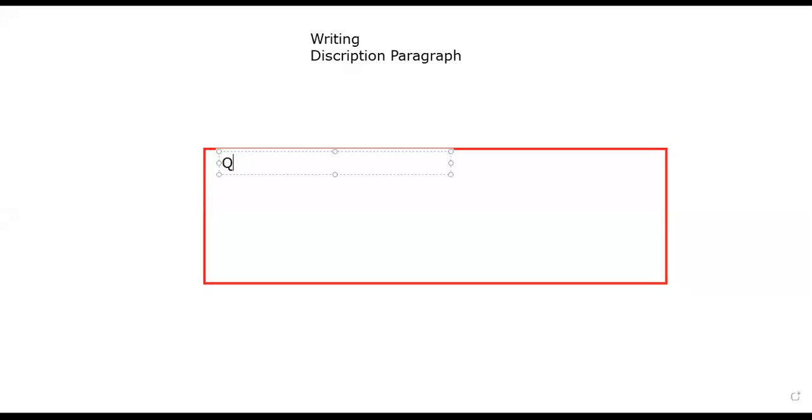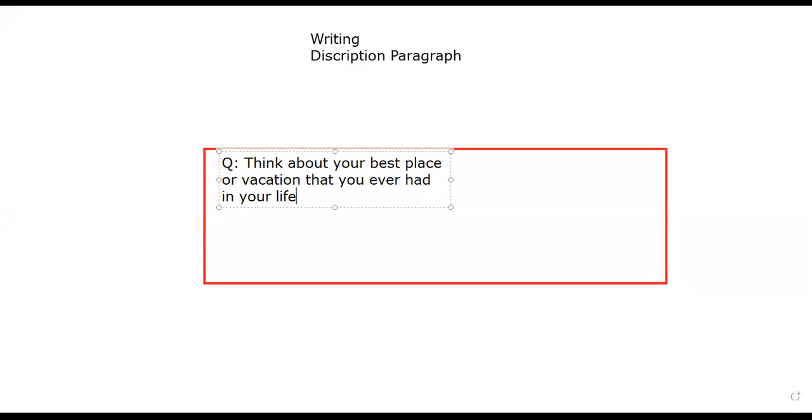The question says, think about your best place or vacation that you ever had in your life, and write a descriptive paragraph about it.